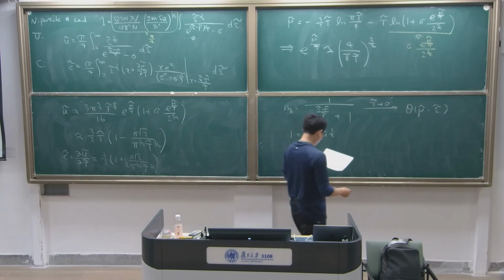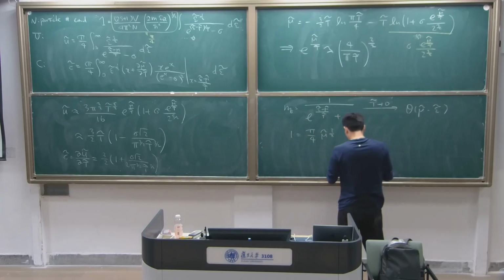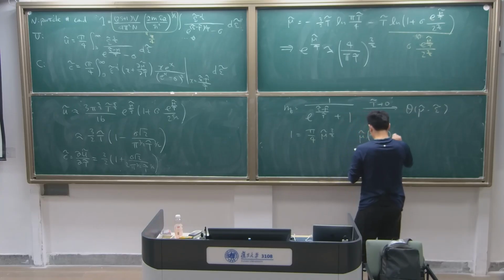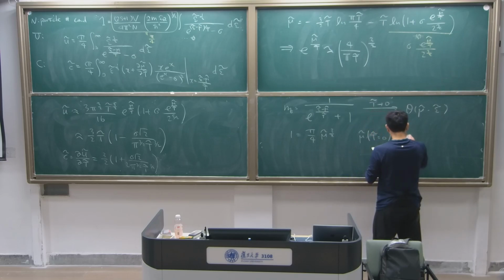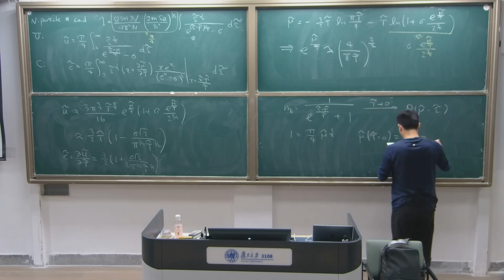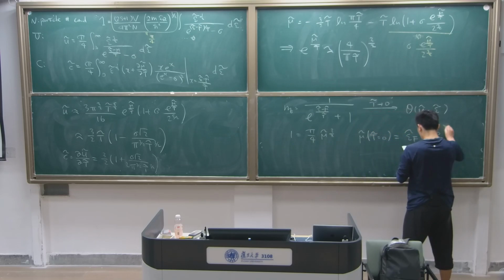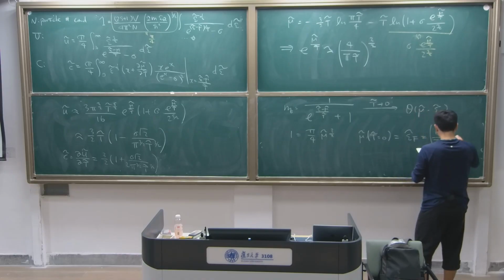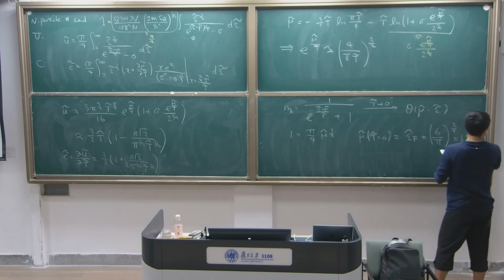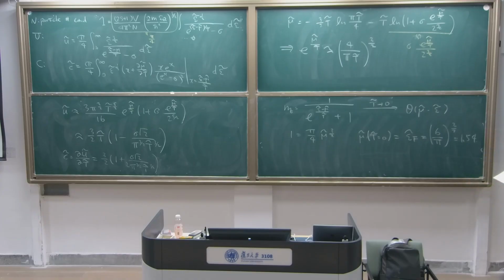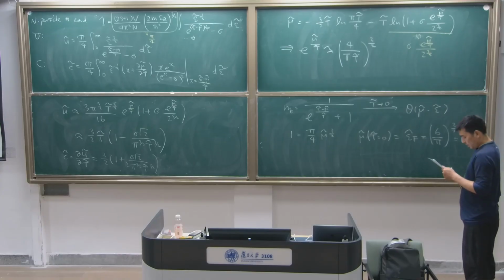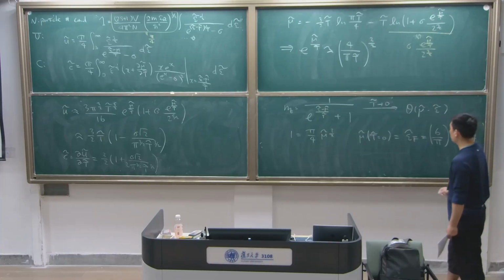Therefore the chemical potential mu tilde at temperature equal to 0 is equal to epsilon tilde f, which is 6 over pi to the power 2 over 3, that is 1.5. That's what we get, and this is the Fermi energy.